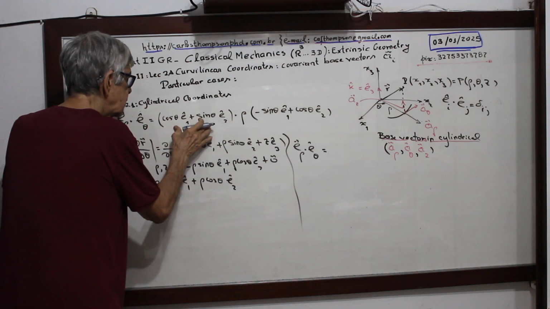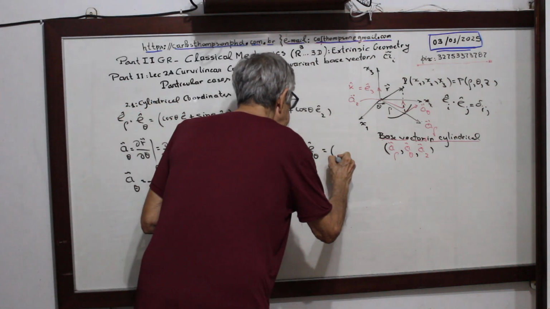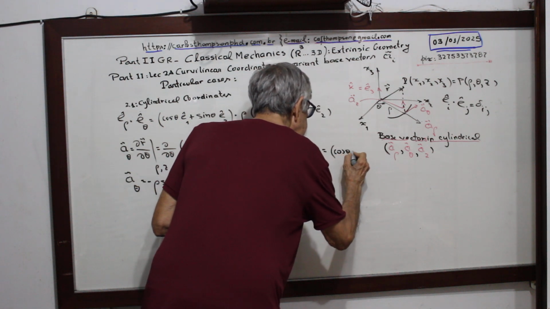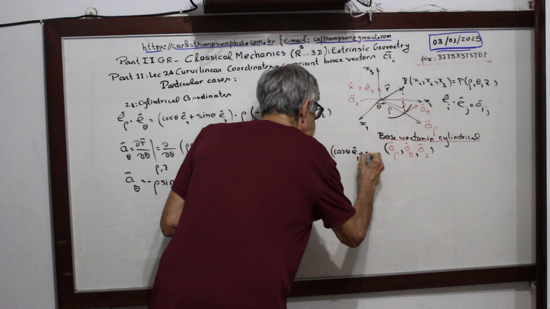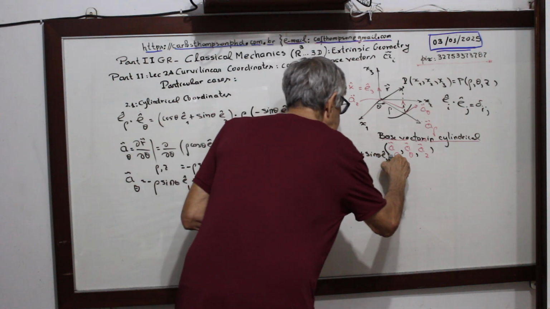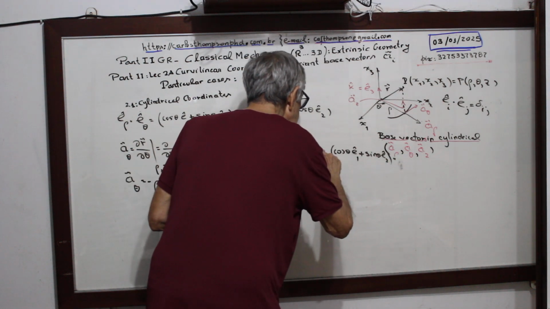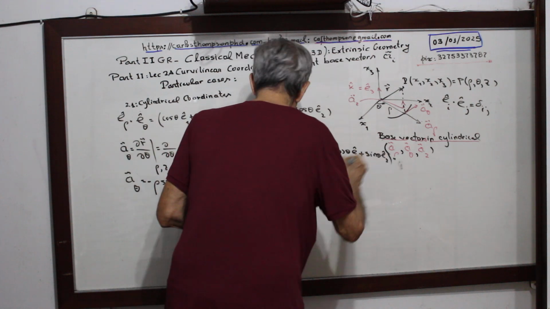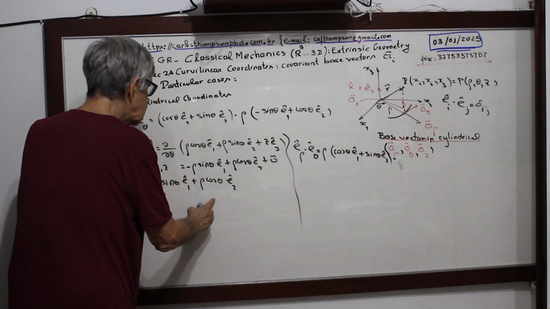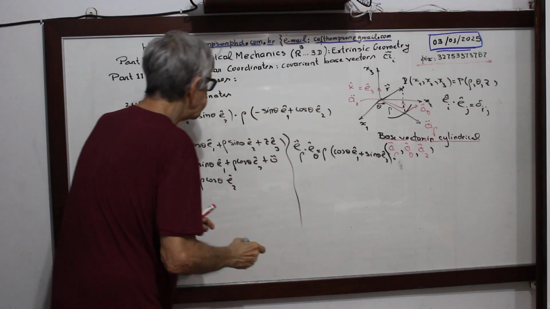Now I'll write down cosine theta E1 plus sine theta E2 dot rho. I'll put the rho over here, I'm bringing this to there.